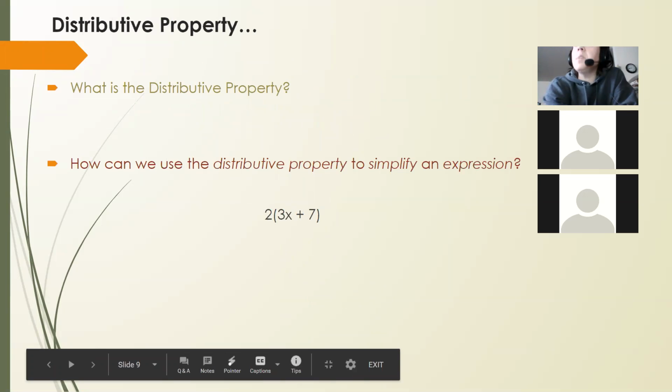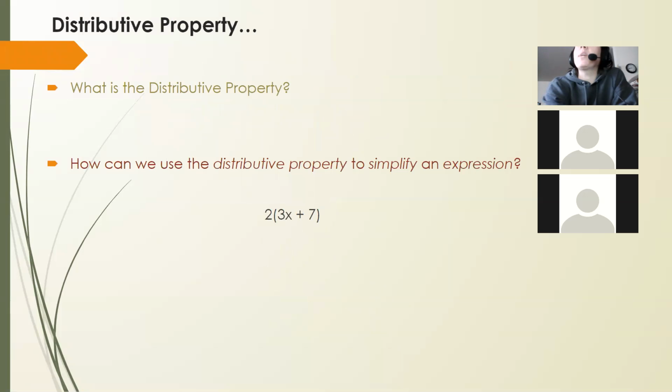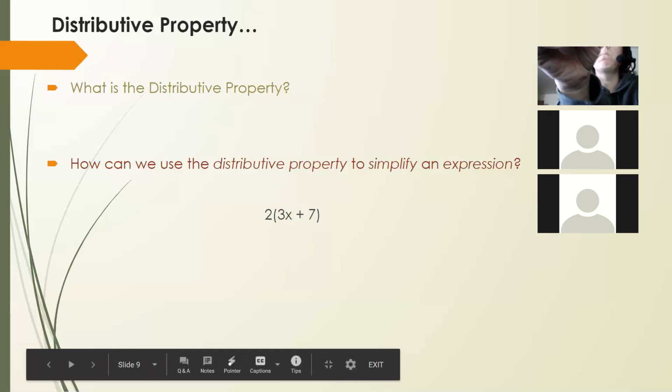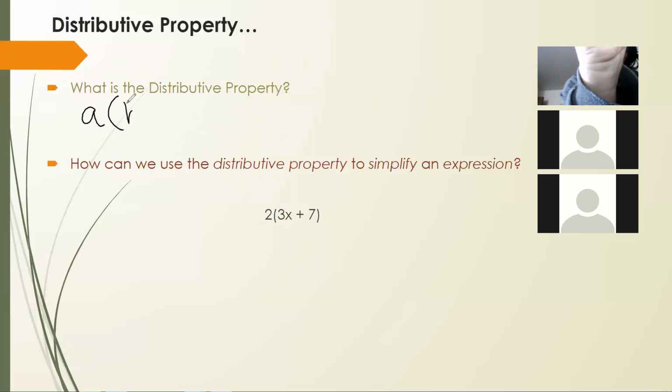Okay, so distributive property. What is the distributive property? Does anybody remember? Like if I wrote it out like this here, if I did A times B plus C, what would you get if you used the distributive property there?